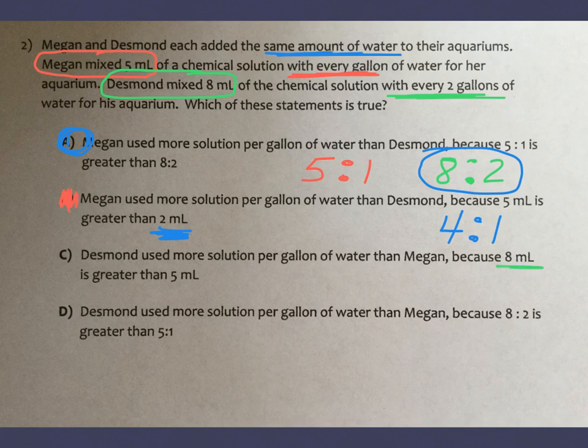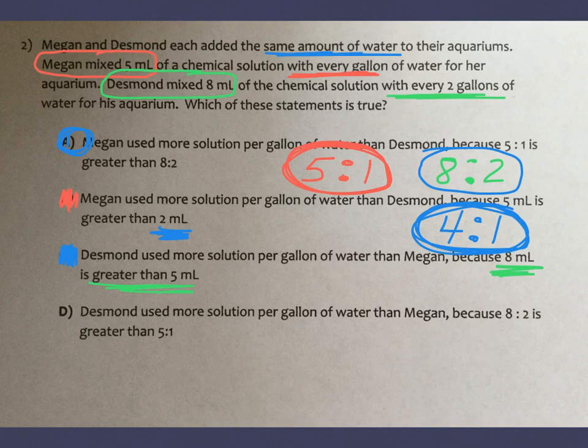Well, 8 milliliters is greater than 5. However, Desmond put 8 milliliters in 2 gallons of water, while Megan put her 5 in 1 gallon. And we already showed 5 to 1, her simplified ratio, would be greater than 4 to 1, his simplified ratio. So yes, 8 is more than 5, but then again, he also used more water. So C is definitely not the answer.